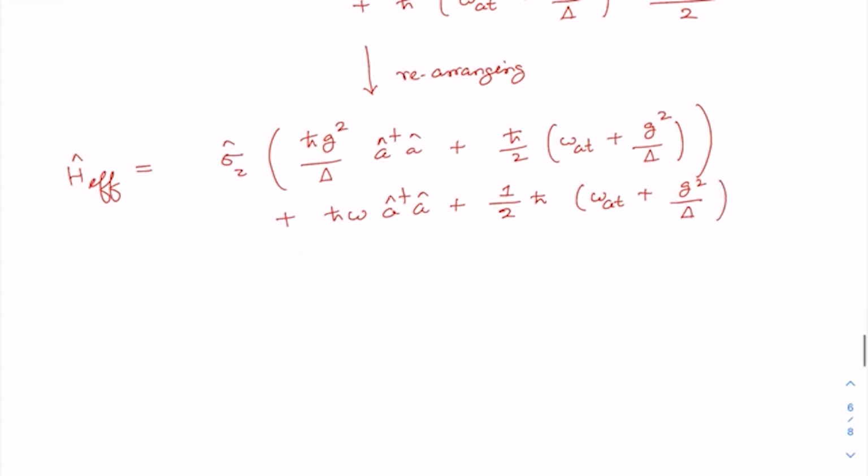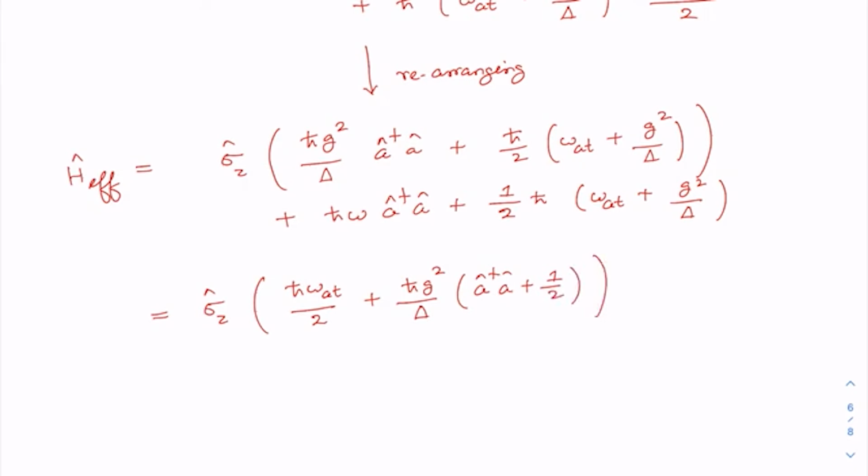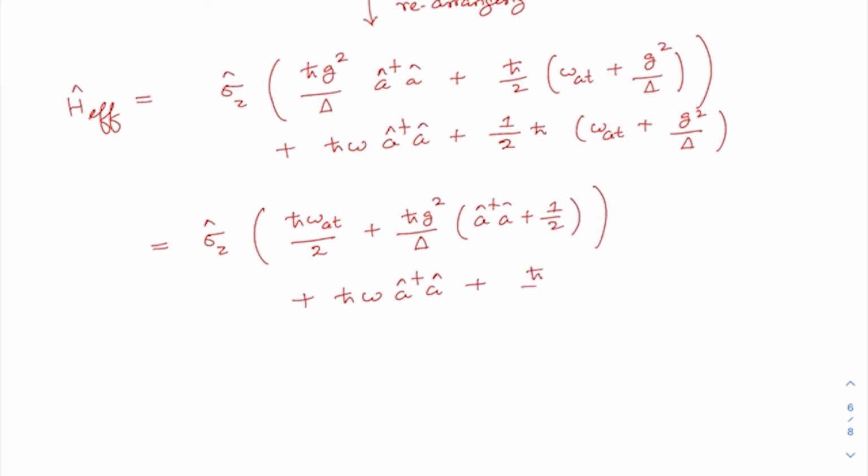This I can write in a cleaner form: sigma z times [h cross omega atom by 2 plus h cross z square by delta (a dagger a plus half)], and the other two terms h cross omega a dagger a plus h cross by 2 (omega atom plus z square by delta).